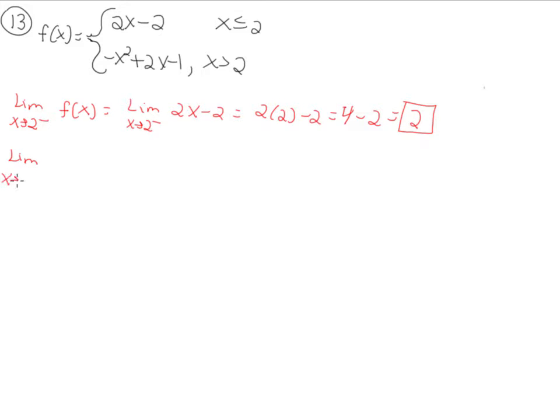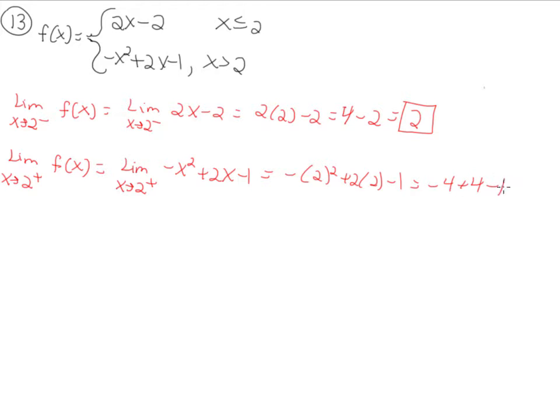Now I'm going to substitute in the limit from the right, which this time I'll be using the bottom equation, which gives me an answer of -1. So since 2 is not equal to -1, this limit does not exist. Therefore, I have a jump discontinuity at x equals 2.